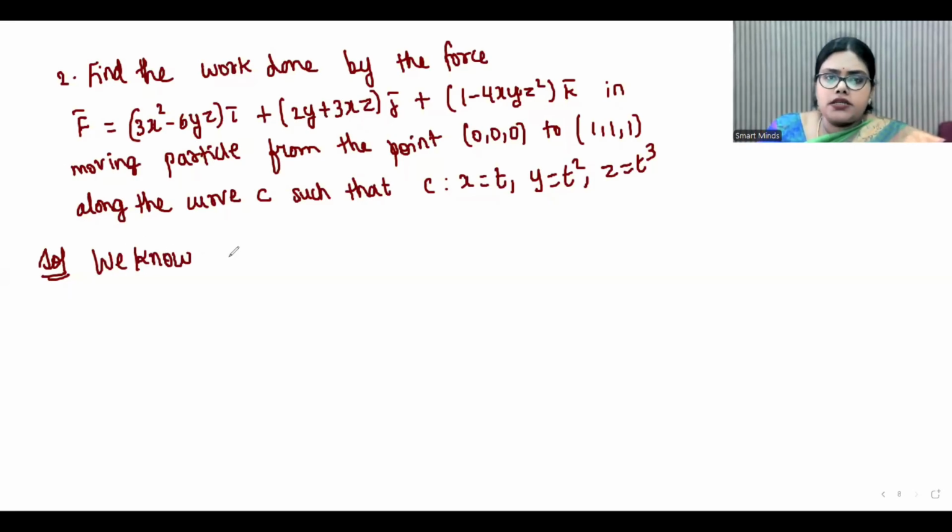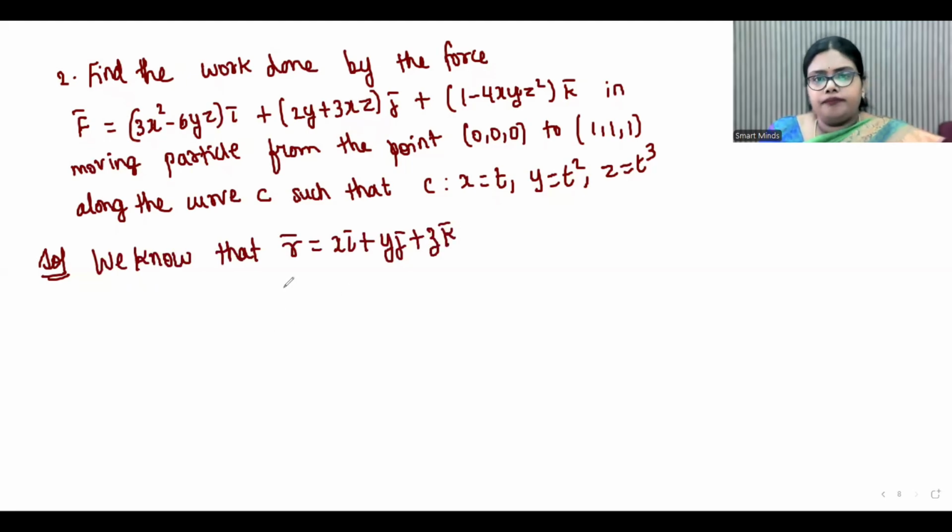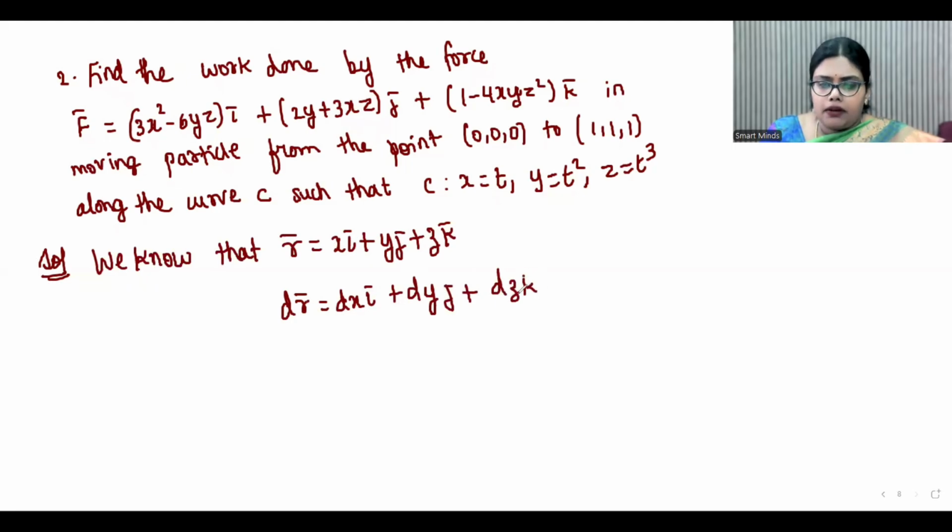So we know that r bar is equal to x i bar plus y j bar plus z k bar. So dr bar is dx i bar plus dy j bar plus dz k bar.